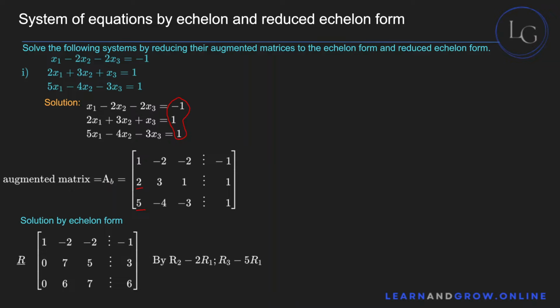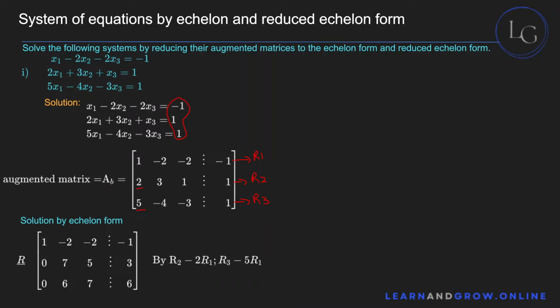Basically you'll perform row operations by subtracting 2R1 from R2. Just to be clarified, this is R1, this is R2, this is R3. This entire row is R1, this entire row is R2, and this entire row is R3.